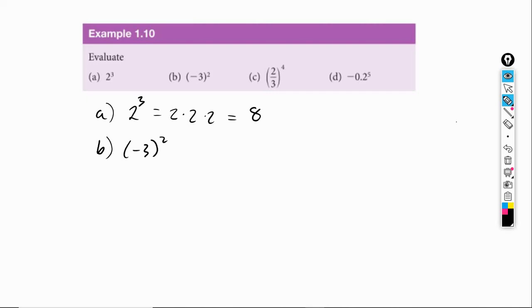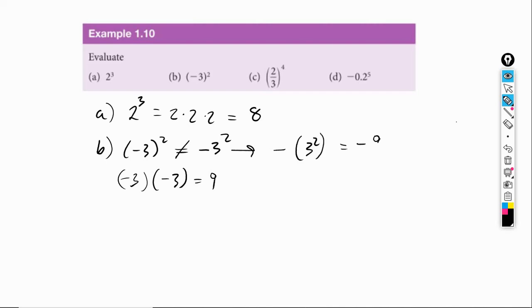Here you have to be careful because this expression is not the same as the other one. These are different. One will always give you a positive, because negative 3 times negative 3 is going to equal positive 9. Whereas this one means negative of 3 squared, and this is going to be negative 9. You can prove this very easily with your calculator.